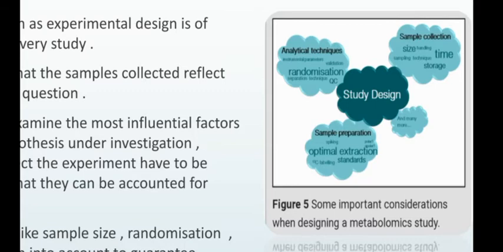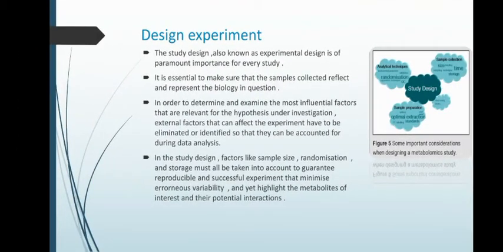In designing the experiment, factors like sample size, randomization, and storage must be taken into account to guarantee a reproducible and successful experiment that minimizes erroneous variability and highlights the metabolites of interest and their potential interactions. It is essential to make sure that samples collected reflect and represent the biology in question.